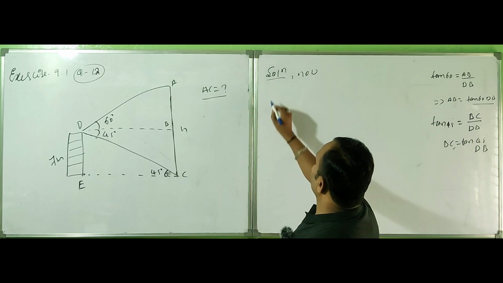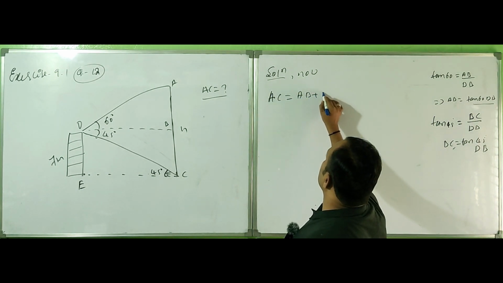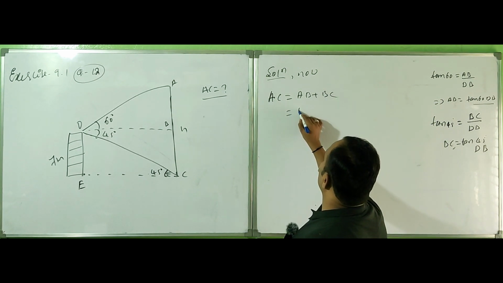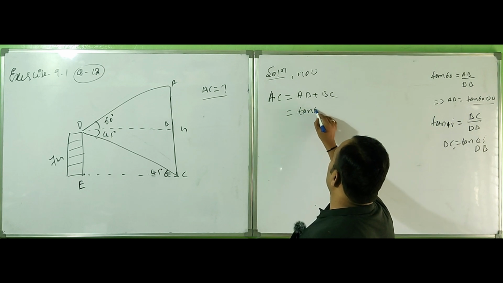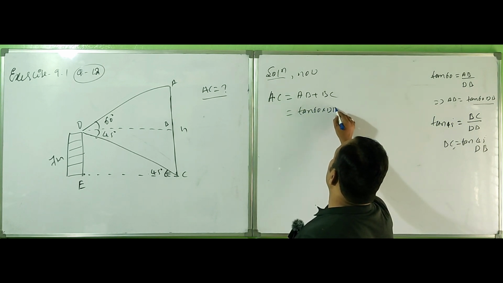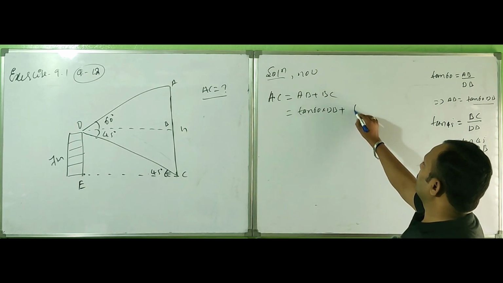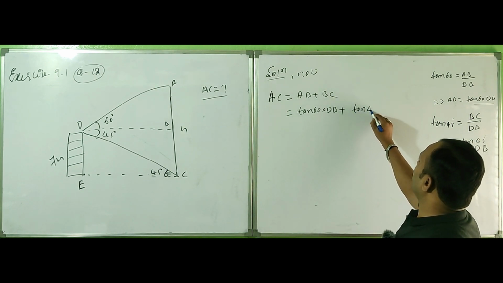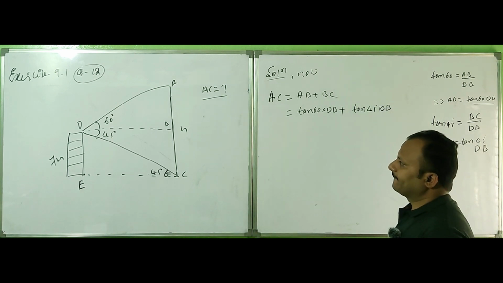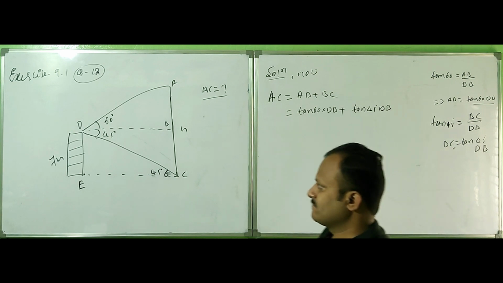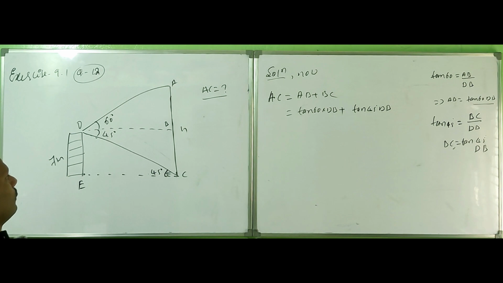Clear cut example. AC is equal to AB plus BC. What is AB? Tan 60 into DB, plus BC is tan 45 into DB. Maybe we don't know DB now. What to do?